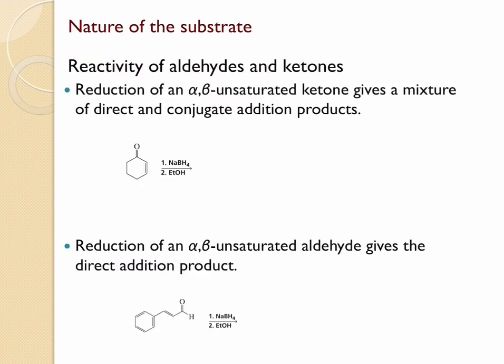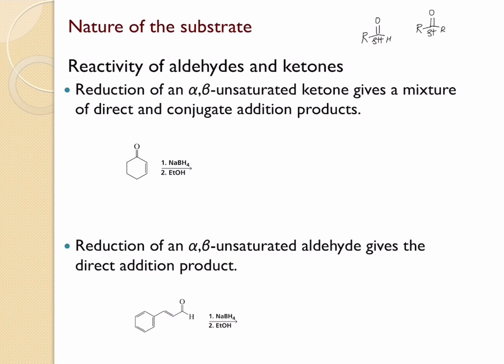Now that we know how the nucleophile is going to affect the two competitive reactions, let's now focus on the nature of the substrate, basically the nature of the alpha-beta unsaturated carbonyl compound. Now, we have talked earlier about the reactivity of aldehydes and ketones. Aldehydes are in general more reactive than ketones, right? Which means it's going to have a greater partial positive charge on this electrophilic carbon than what a ketone has.